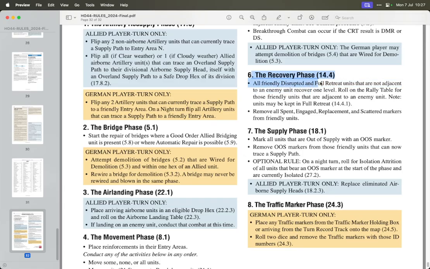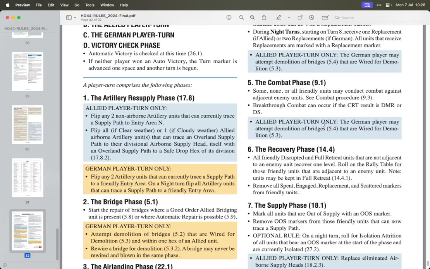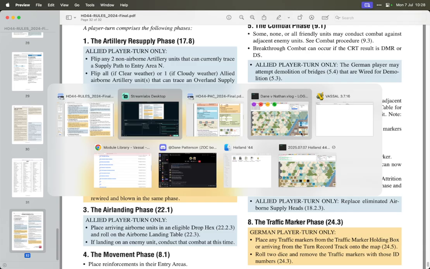Disrupted and full retreat. Okay, I don't have any of those. Roll on the rally table. Remove all spent, engaged, replacement, and scattered markers. Okay. Replacement. Okay, don't have any of those. All right.